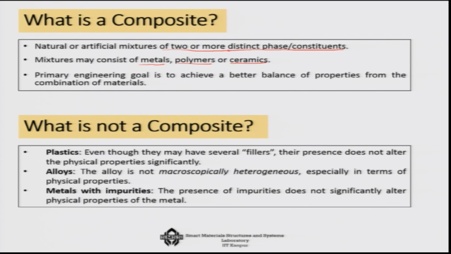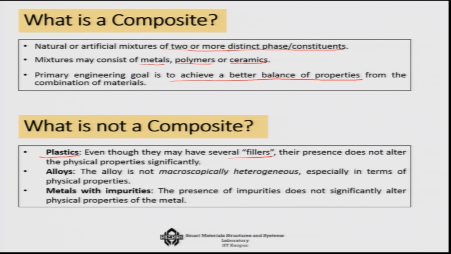Now, when we are mixing these, we have a primary engineering goal in mind: that you want to achieve a better balance of properties from the combination of materials. This definition also alerts us to what we cannot consider to be a composite. If you use some fillers that are indeed used in plastics, like plasticizers etc., then it would not become a composite.